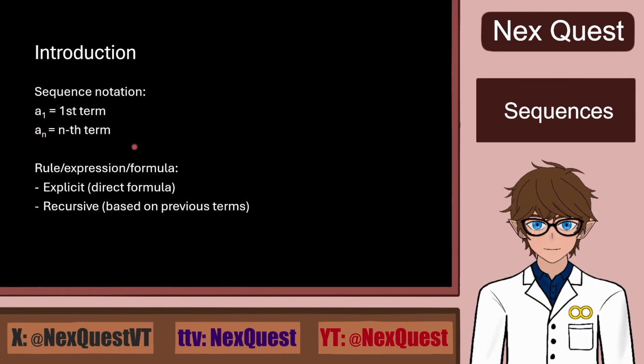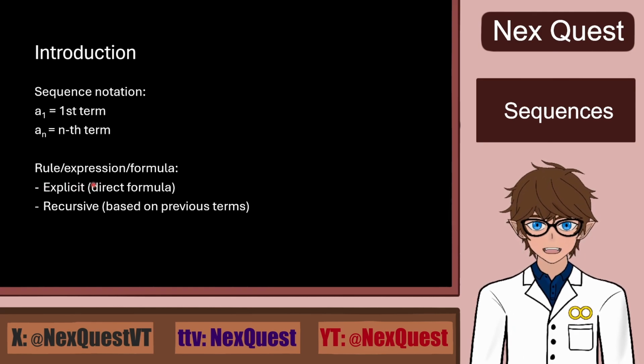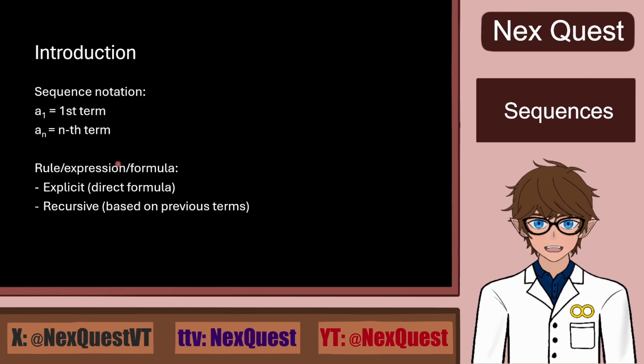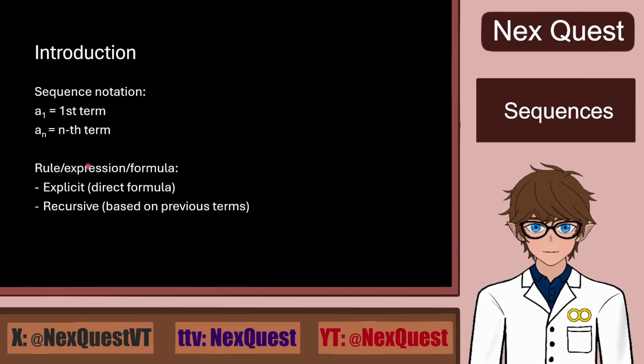Next is the rule, or another word for a formula or an expression that describes the sequence. We can have either an explicit or a direct formula where you plug in the number of the term you want to calculate. So we use the n variable and we calculate the term we want directly.